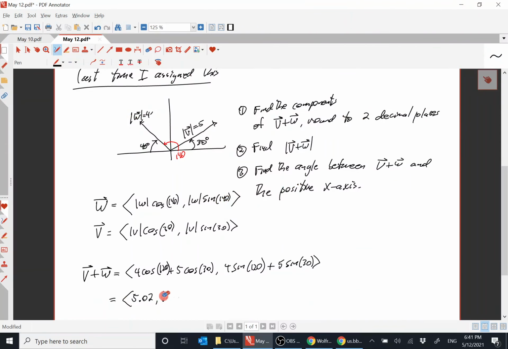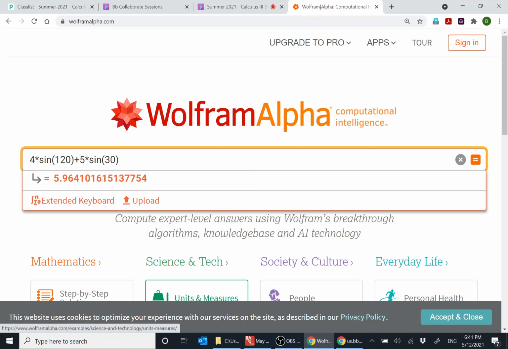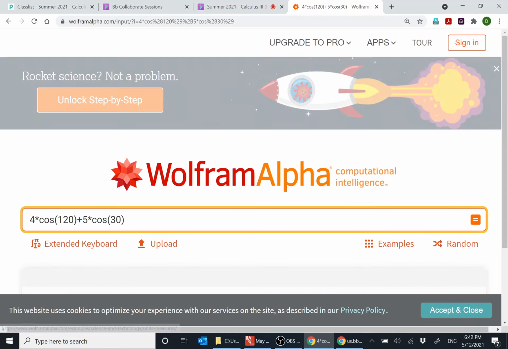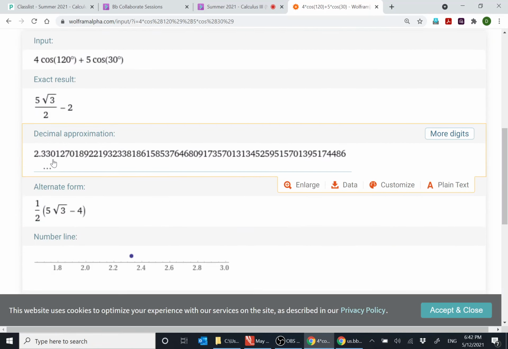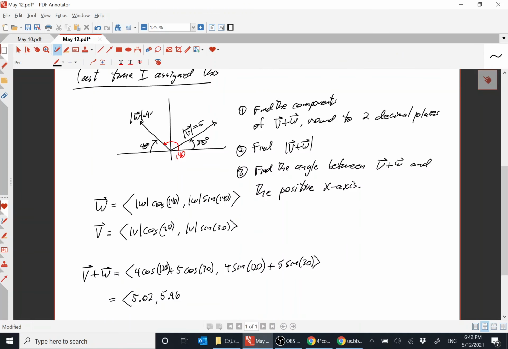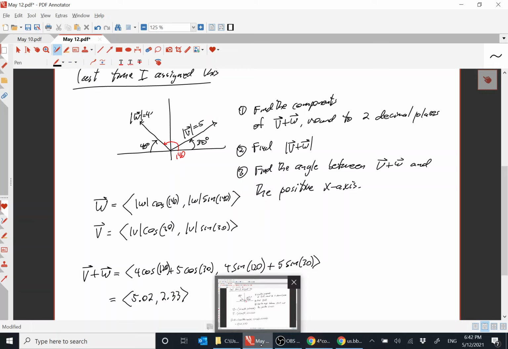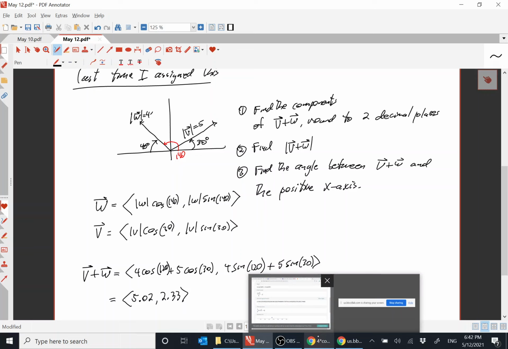5.96. And with the cosine, 2.33. Wasn't it 140?